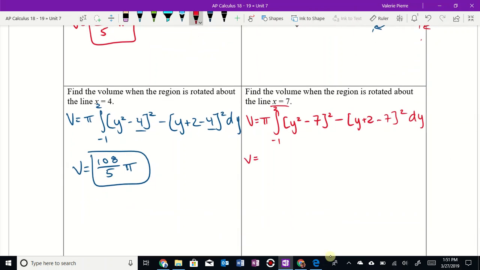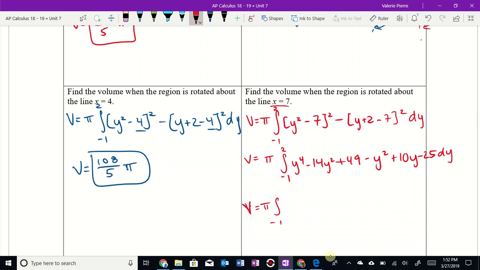So V will be equal to pi times the integral from -1 to 2 of y to the 4th minus 14y squared plus 49 minus y squared plus 10y minus 25 dy. When we simplify, we have V equals pi times the integral from -1 to 2 of y to the 4th minus 15y squared plus 10y plus 24 dy.